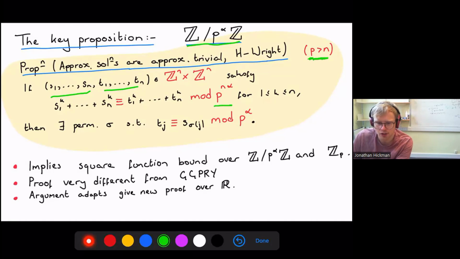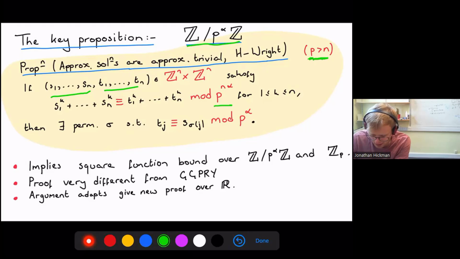We're not asking it to be a true integer solution, but for it to hold modulo some relatively large power of p. And our conclusion is that this approximate solution has to be approximately trivial as before. In particular, up to permutations, the t_j's are congruent to the s_j's modulo p to the alpha. So the t_j's don't have to be exactly equal to the s_j's, but at least modulo some prime power, they are equal.